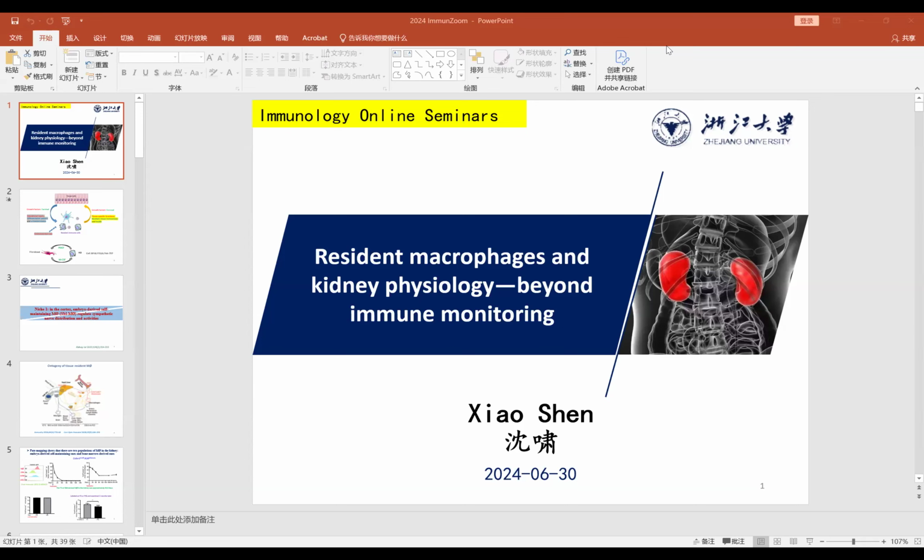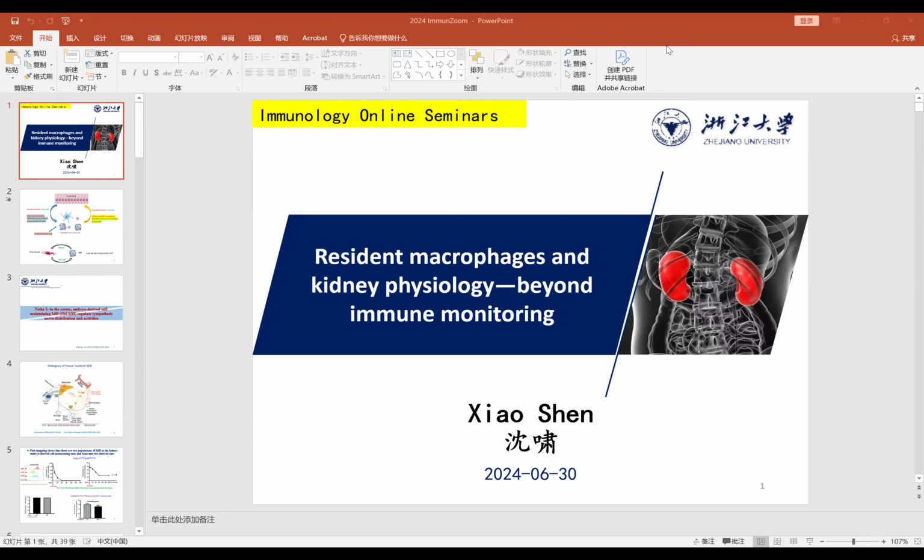Xiao's lab mainly focuses on how resident immune cells participate in the maintenance of organ function and homeostasis in the brain and kidney. His lab is particularly interested in studying the subtypes and the anatomical distribution of resident immune cells in the kidney, central nervous system, and the cardiovascular system, and to explore how they perform their unique functions to maintain the functional homeostasis of the tissue and organs.